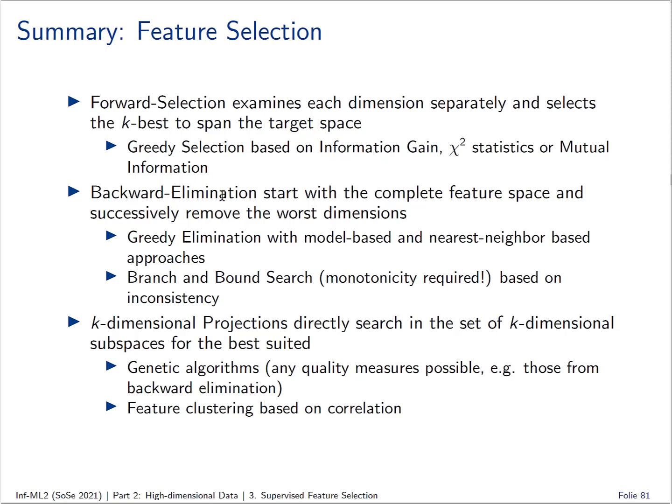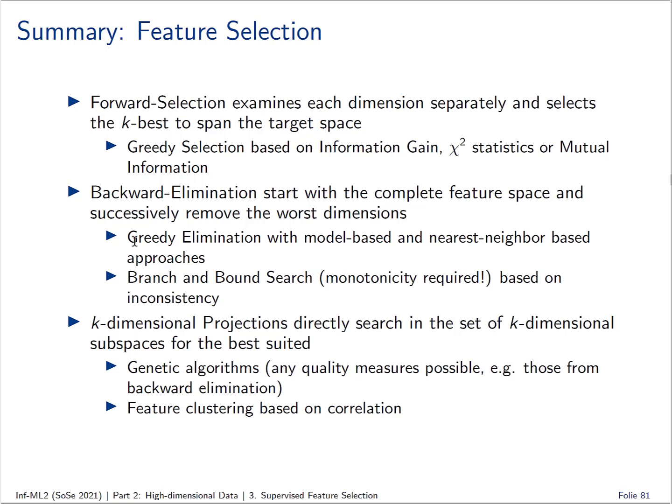Backward elimination tries to have the big overview, because it starts with the complete feature space and then tries to successively remove the worst dimensions. So it always has a look at the complete picture. There's no real attribute independence like in forward selection, so that is the big plus here.